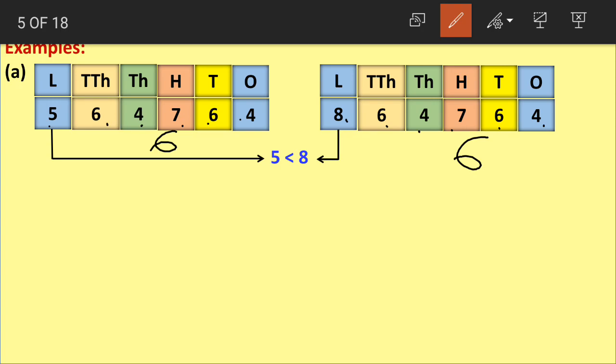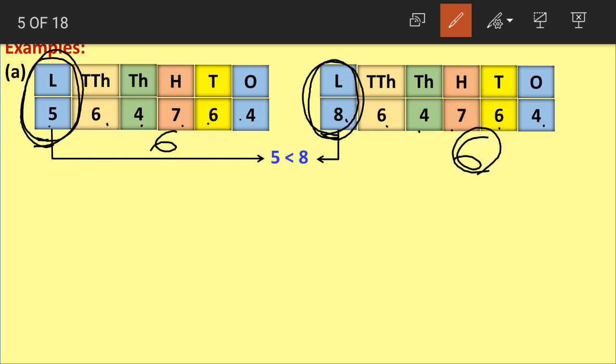There are 6 digits in the second number as well. So we cannot say which number is greater based upon the number of digits, as both are same. Now what should we do? We should start comparing from the highest places, which are on the extreme left.